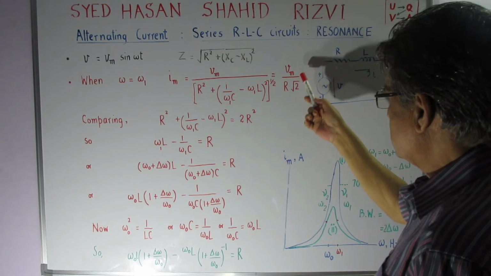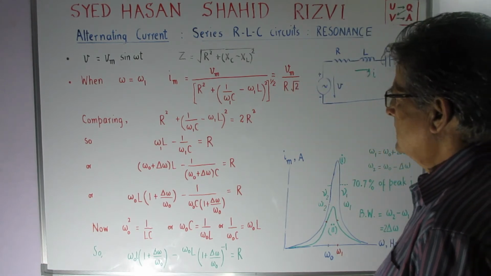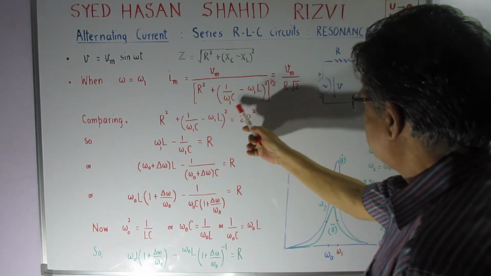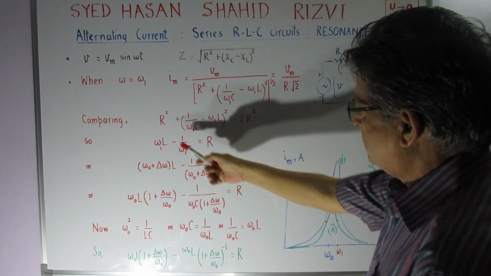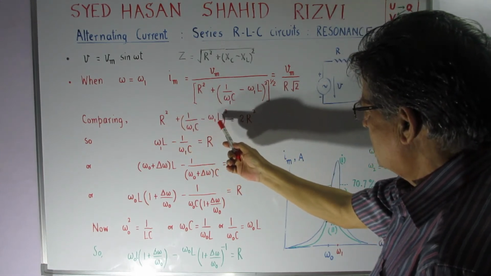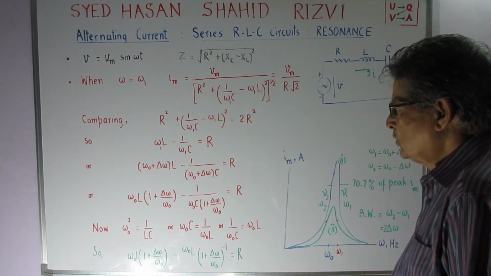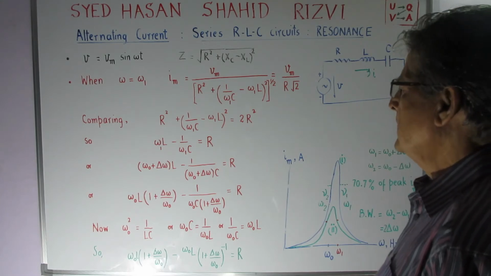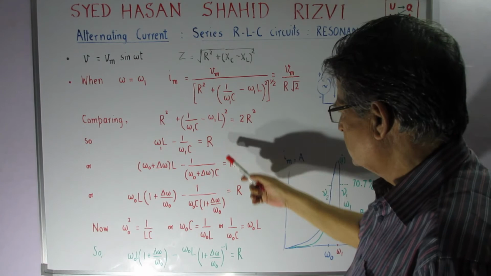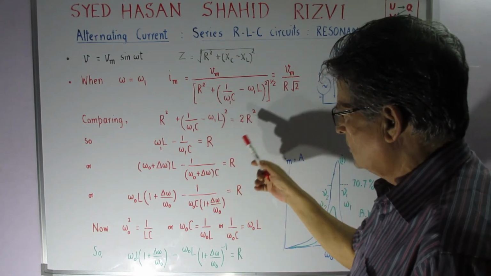And that is given as Vm upon R root 2. So when we compare this with this, we find that I squared this also, and find R square plus (1 upon omega 1 C minus omega 1 L) square is equal to 2R square, or simply R square will go with R square and this will be left as R square on this side, and when we take the under root.